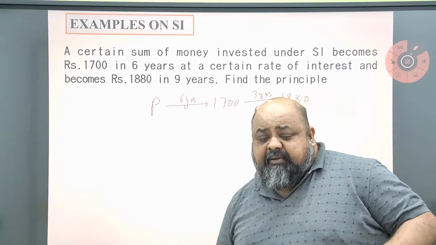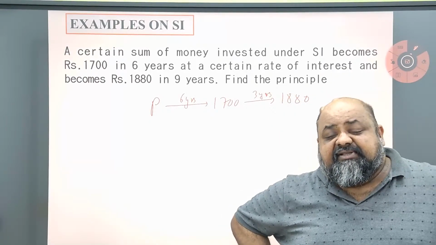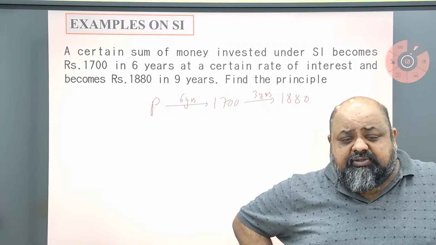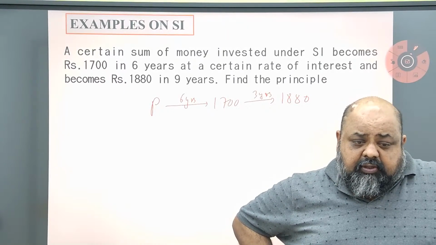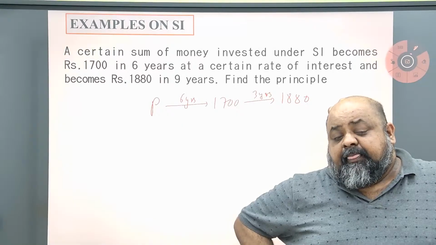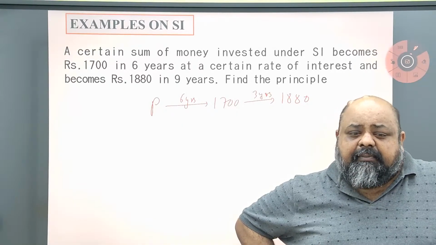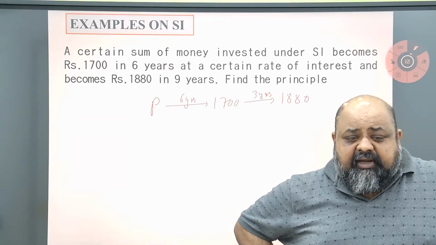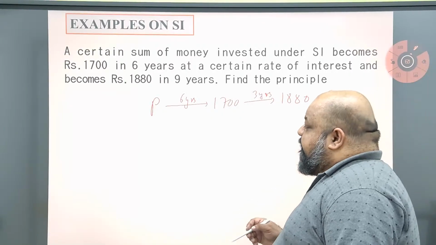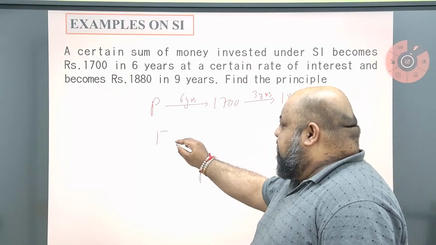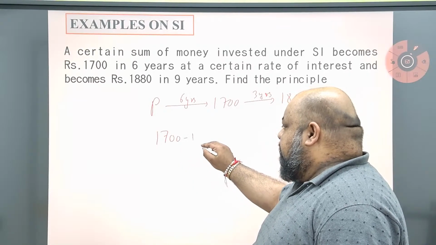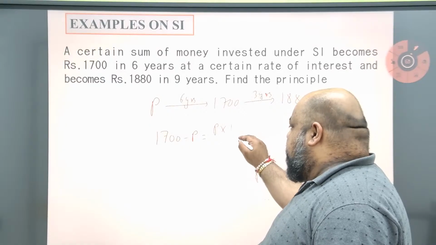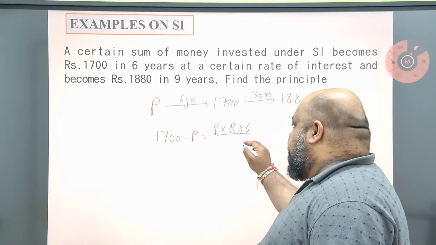So as I said, if it is a SI question, almost certainly it can be solved using formulas. So I write two formulas. Basically here we know the time, we know the amount. We do not know the principal and rate. So there are two variables. So I'll write two separate formulas. First I say, in the first case, simple interest will be amount minus principal. And this will be principal into rate into time upon 100.